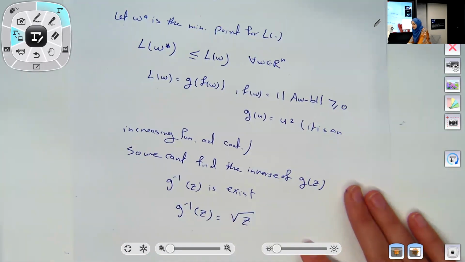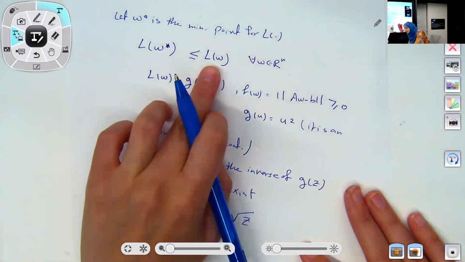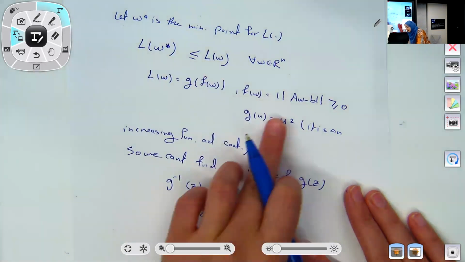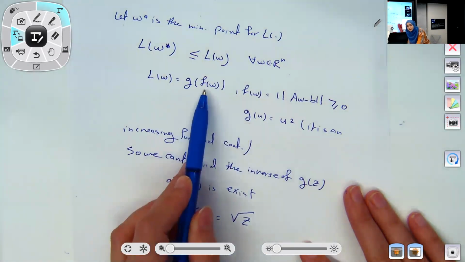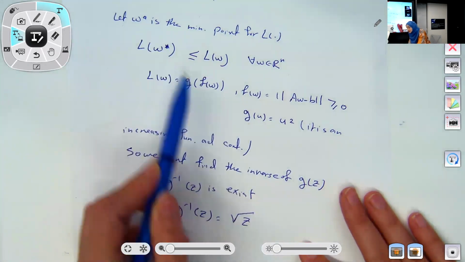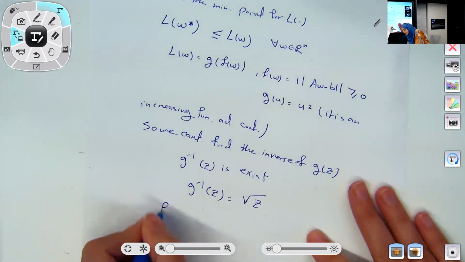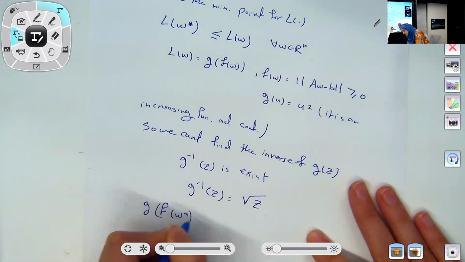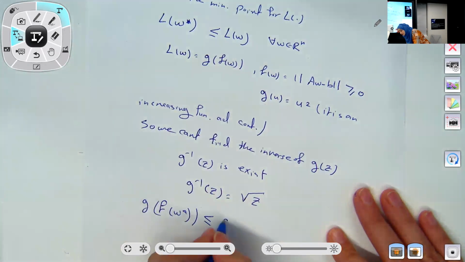Now let's substitute in L of omega star and L of omega using the functions we defined, G of F of omega. So L of omega star equals G of F of omega star, which is less than or equal to G of F of omega.